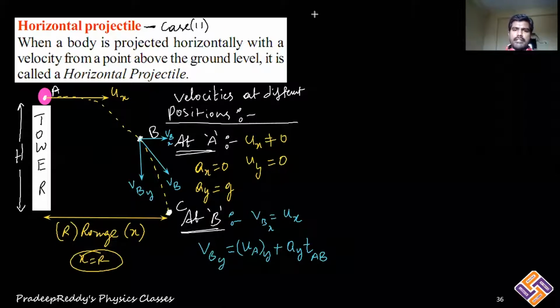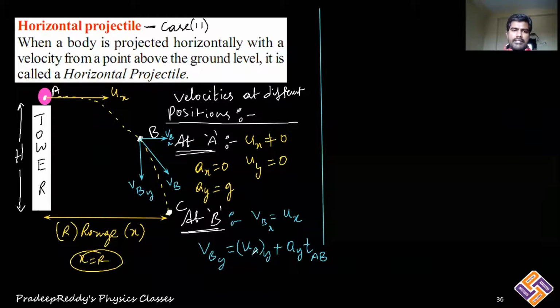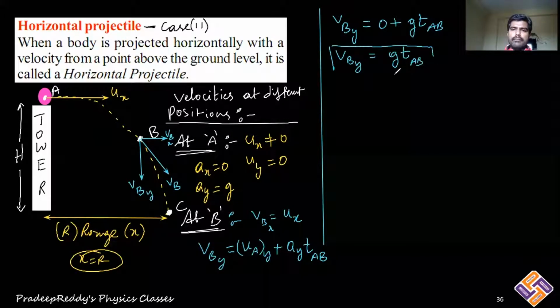Right? This equation is clear. So time taken to travel from A to B I am considering here. And what about velocity at A along y direction? It is 0. Therefore, VBY is equal to 0 plus acceleration due to gravity g into time taken to travel from A to B. Therefore, velocity at position B along y direction is equal to g into time taken, which is not equal to 0.